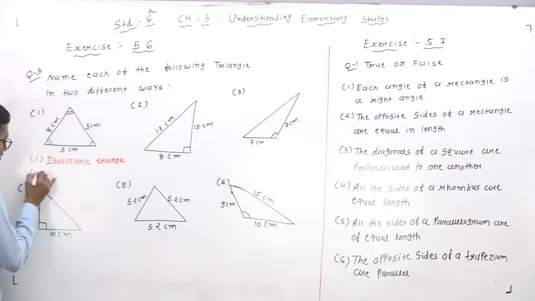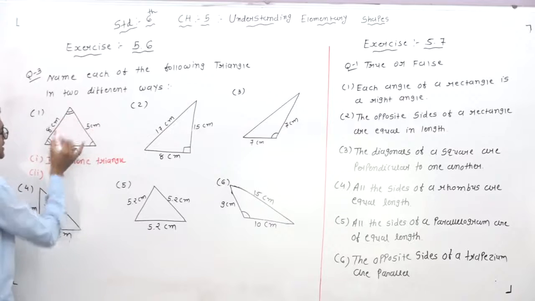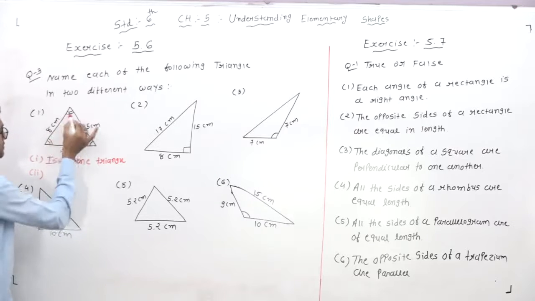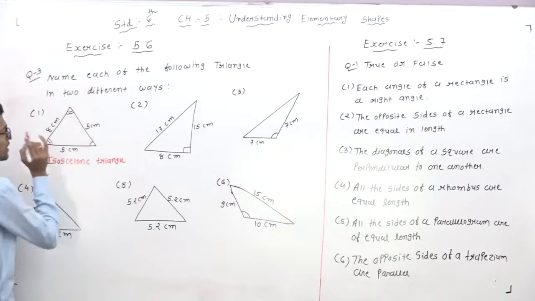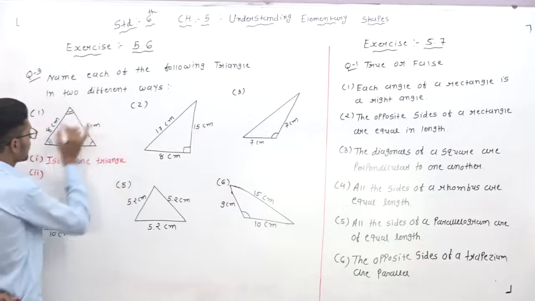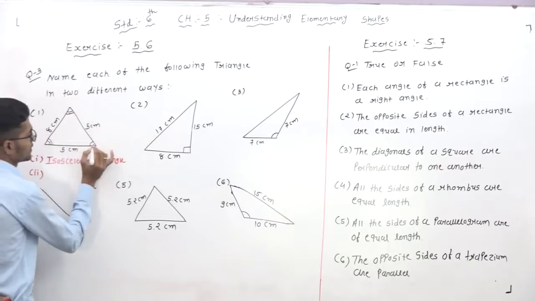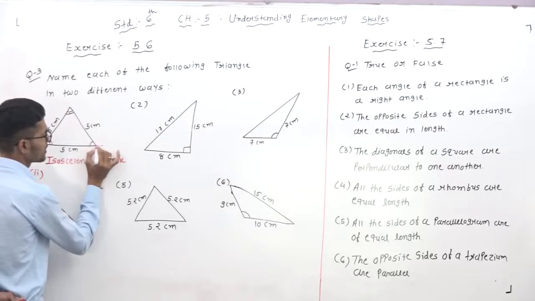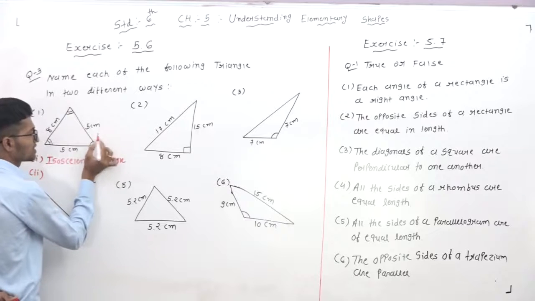Now what is our second way? Now relating to the angles, here two angles are given the same. Check it. Here is this vertex, write down the angle.